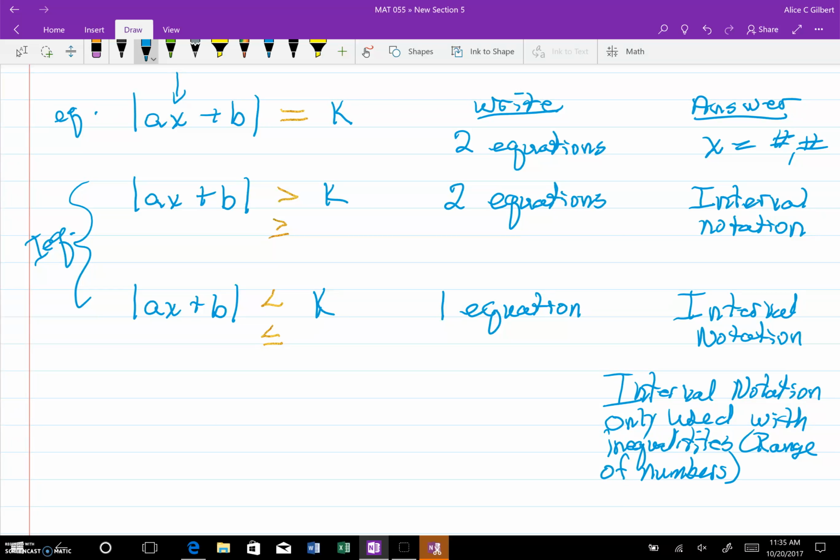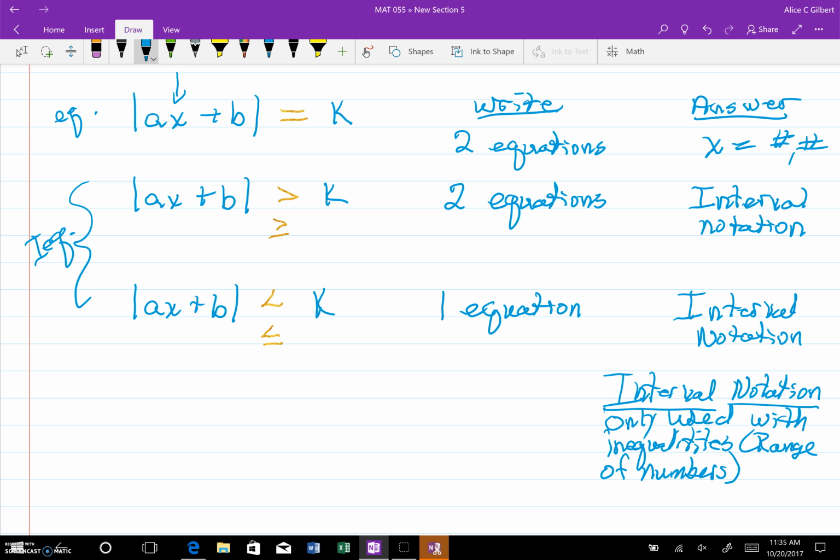So our inequalities will always be from this number to this number, or between this number and this number, okay? It's always going to be a range of numbers. So then we use interval notation, okay?